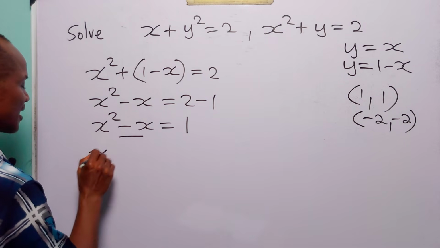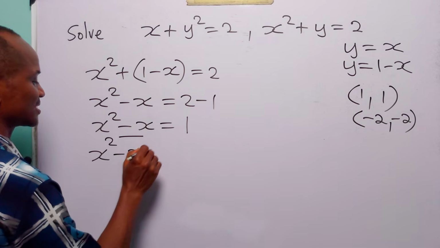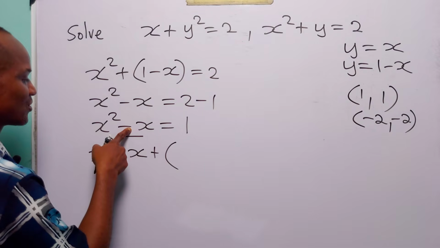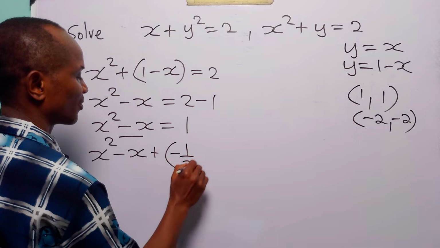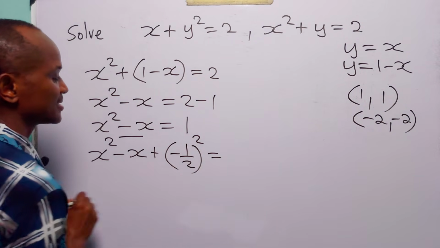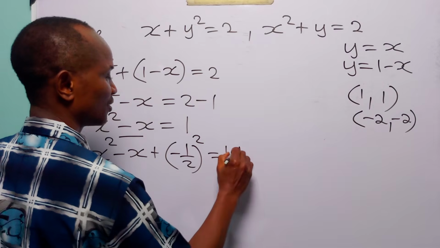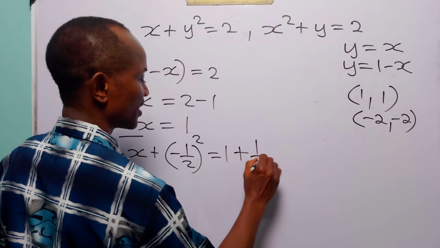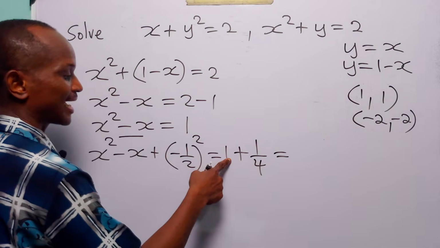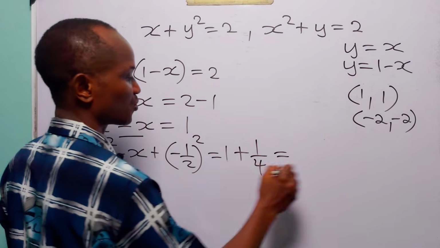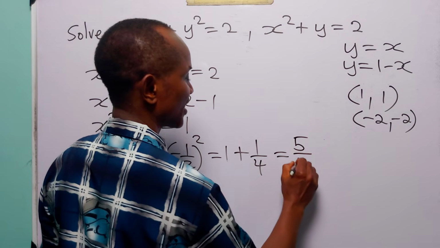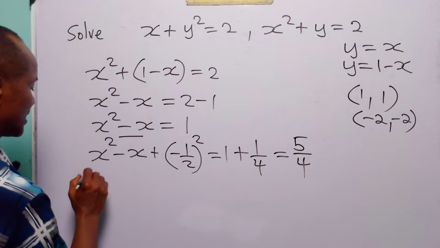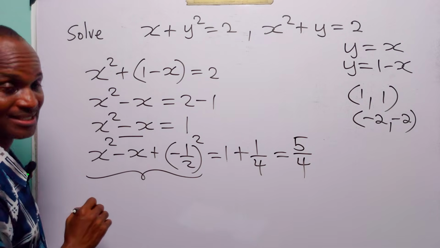Now, when we do that, we have x squared minus x plus (minus 1 over 2) squared. This is equal to 1 plus (minus 1 over 2) squared, which is 1 over 4. 4 times 1 is 4, plus 1, 5. So this is equal to 5 over 4. Now this is a perfect square.